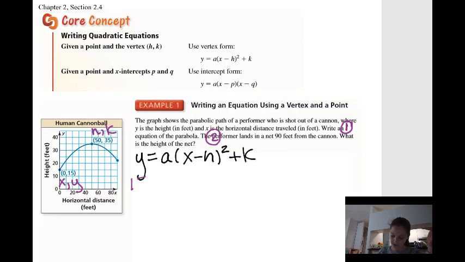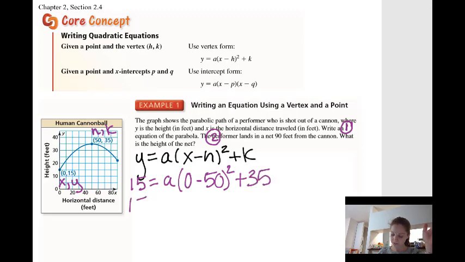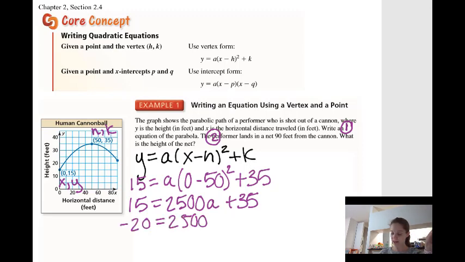So we have 15 equals a times x is 0 minus h is 50 squared plus k is 35. That is 15 equals a times 0 minus 50, which is negative 50. Negative 50 squared is 2,500, a plus 35. Subtract 35 from both sides, you'll get negative 20 equals 2,500a.